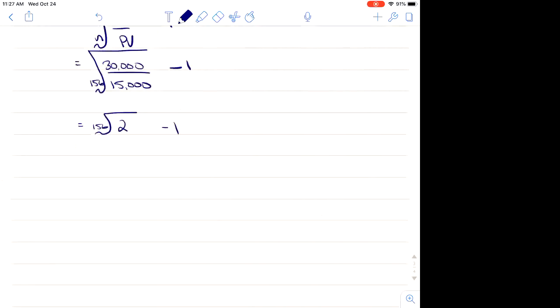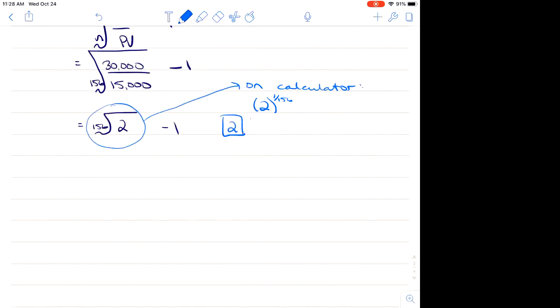You're going to do 2 to the power of 1 over 156. On your screen, you have 2, and then you press the y to the x button.